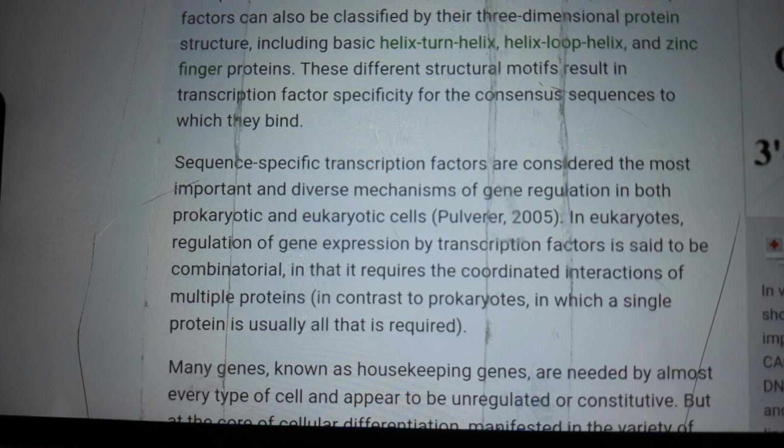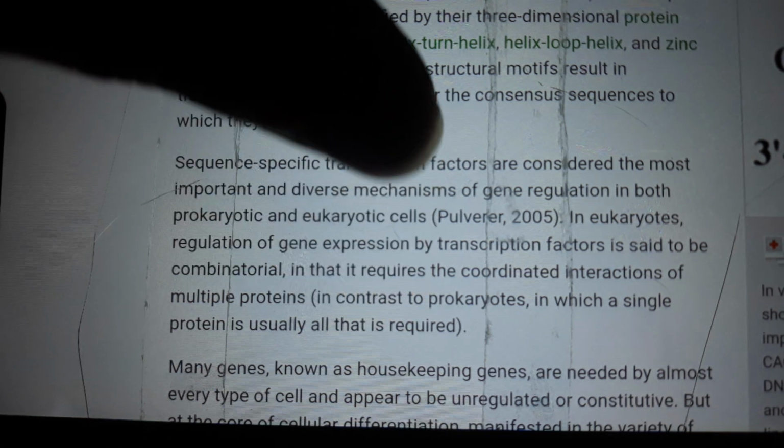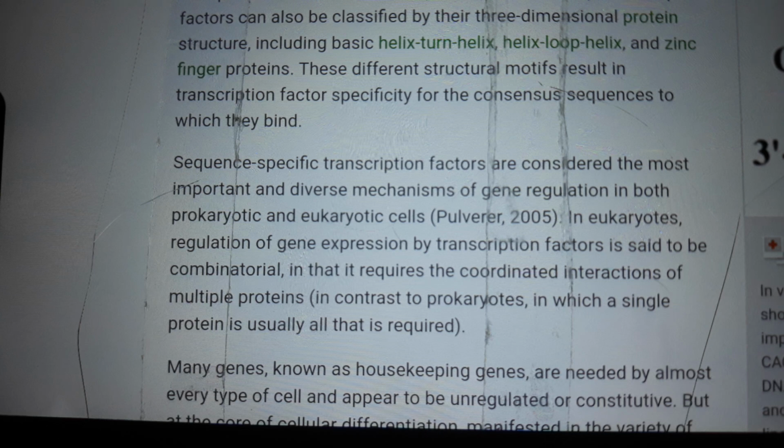Sequence-specific transcription factors are considered the most important and diverse mechanisms of gene regulation in both prokaryotic and eukaryotic cells.